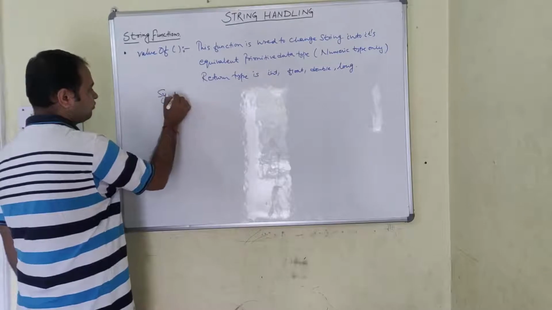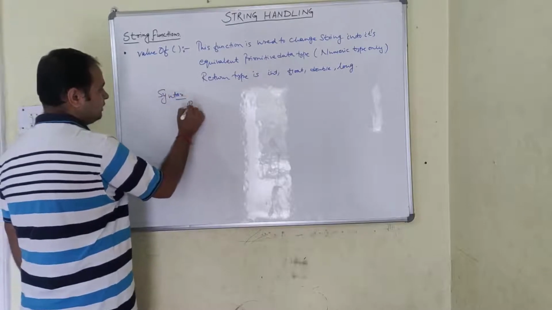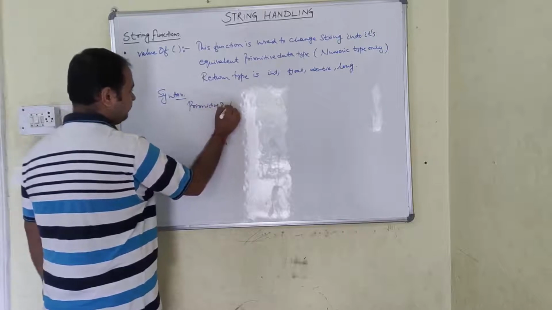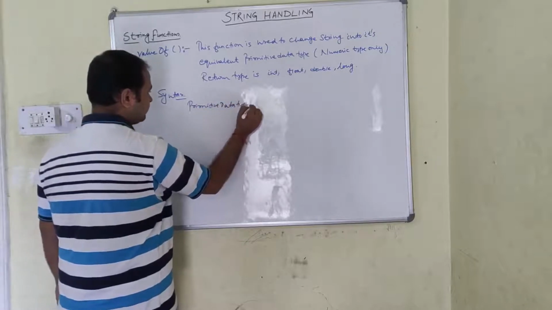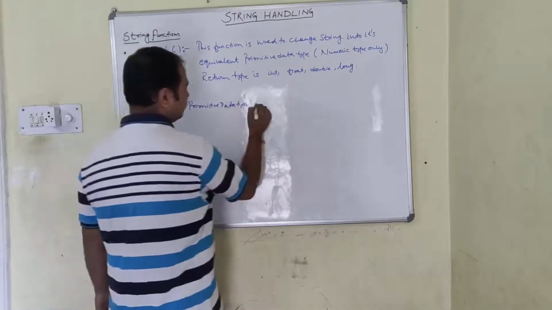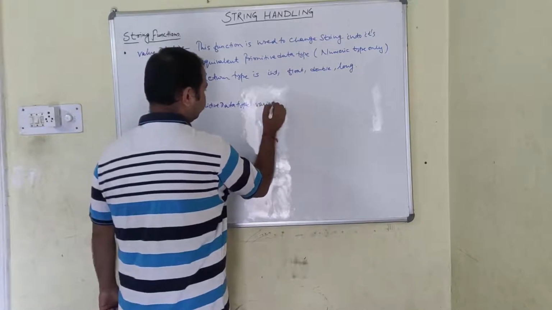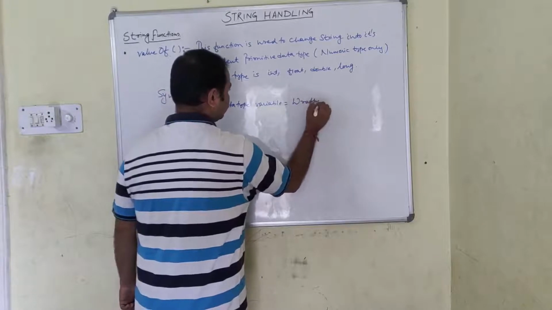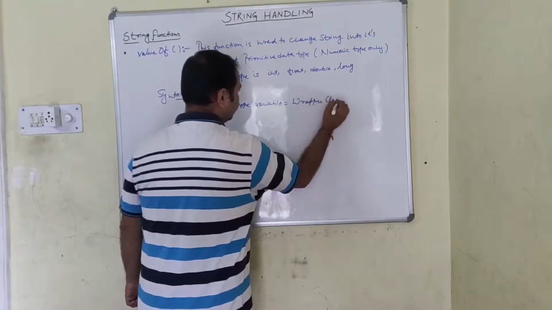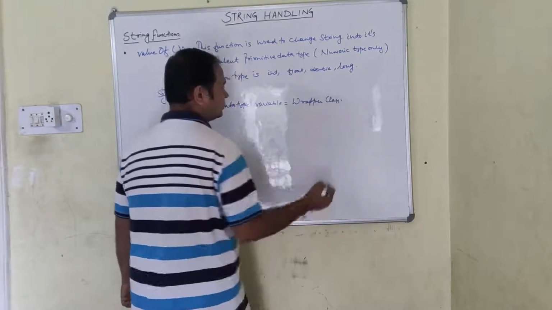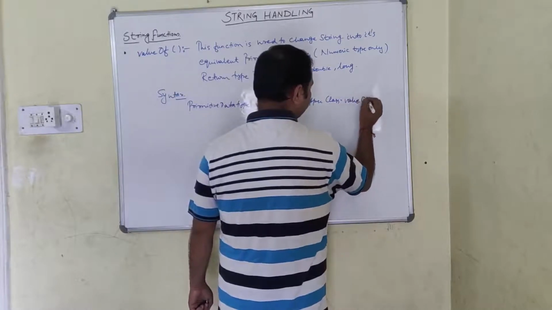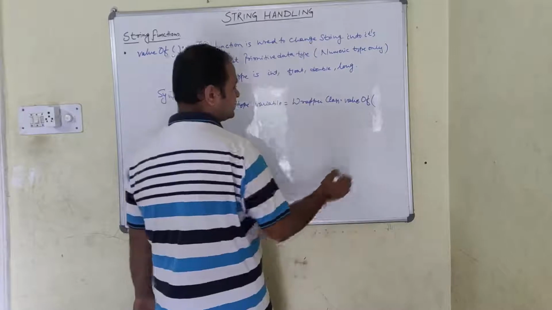Syntax: primitive data type, then we write the variable is equal to wrapper class dot valueOf, and in the bracket we will add the string.